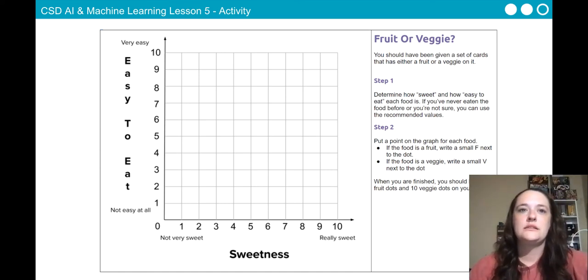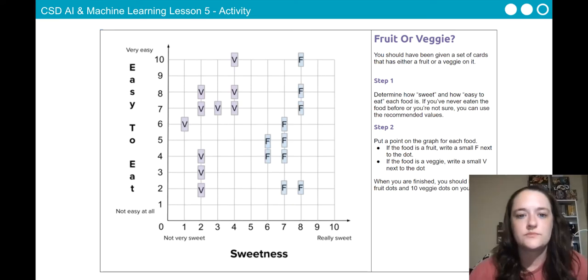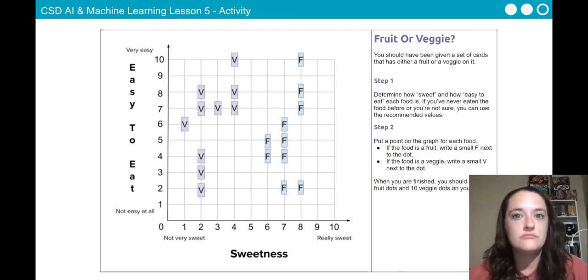So let's look at our chart. In regards to determining if a food is a fruit or vegetable, it looks like the sweetness and the easiness to eat are really two pretty good features to focus on.